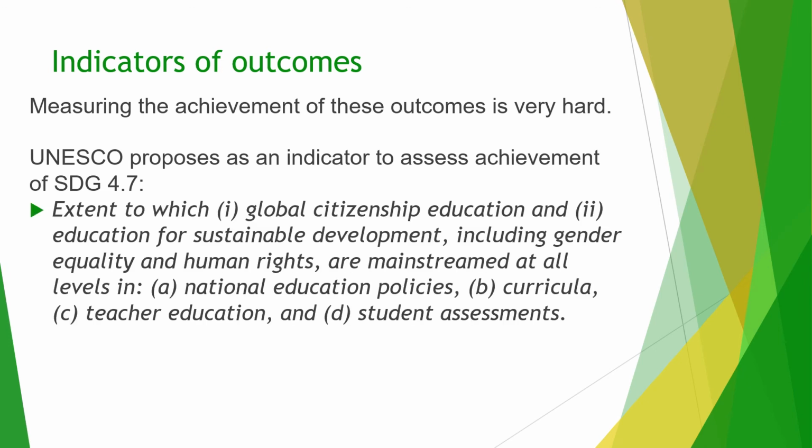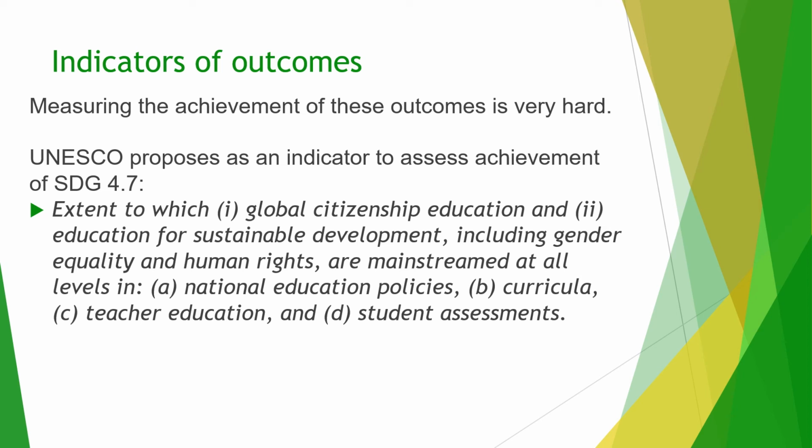The indicator is the extent to which global citizenship education and education for sustainable development, including gender equality and human rights, so the extent to which these two domains of educational content are mainstreamed at all levels in A, national education policies, B, curricula, C, teacher education, and D, student assessment.